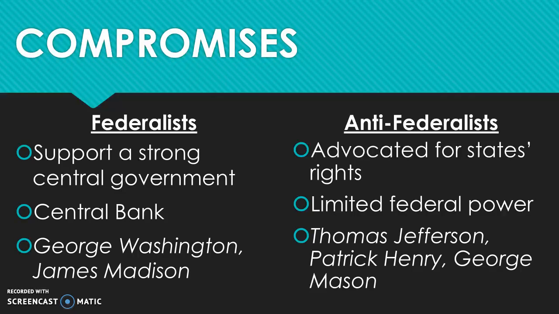They support a central bank, a central treasury, and their members included people like George Washington, James Madison, and John Adams. On the other hand, the anti-federalists advocated for more power in the hands of individual states, letting individual states have more decision-making, make choices that are unique to the needs of their own people, and limited federal power. Their proponents are people like Thomas Jefferson, Patrick Henry, and George Mason.